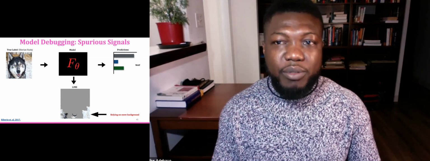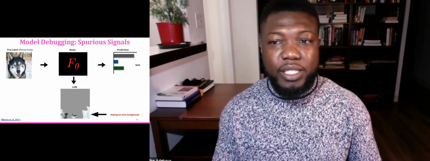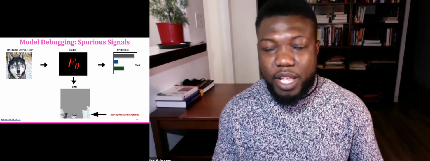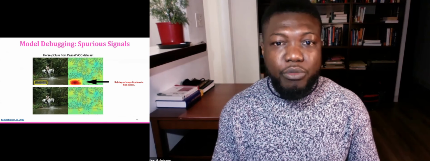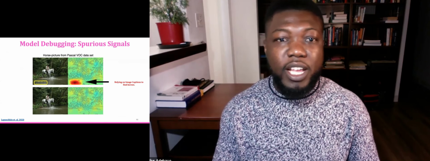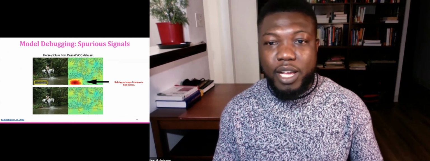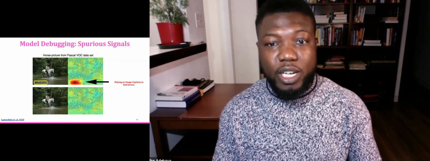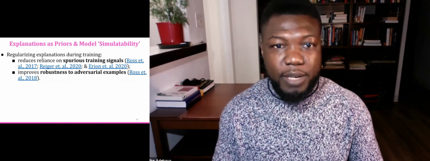Explanations have been shown to help identify spurious signal in the training set. We looked at an example earlier in the tutorial of a LIME explanation revealing a spurious signal of snow. More recently, a variant of the LRP explanation method was used to identify the reliance of a model on captions in an image in order to identify the horse class for the Pascal VOC dataset.